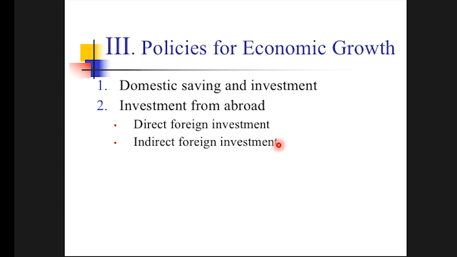In this case, the investment comes from a foreign country, but the business is not run by the foreigner. The business is run by a domestic citizen or domestic company, even though they use funds from a foreign country. That is why we call it foreign indirect investment.